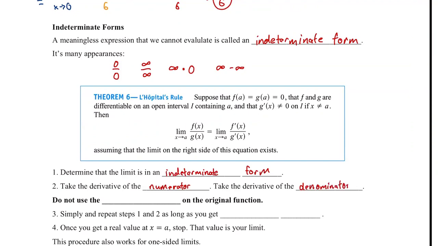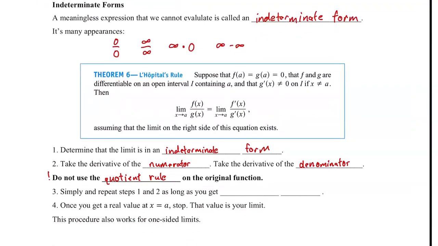But again, I'm really trying to emphasize you do not use the quotient rule. Do not use the quotient rule. You're not taking the derivative of the function, you're taking the limit, which requires us to take the derivative of the top and the derivative of the bottom separately and look at them as a ratio.